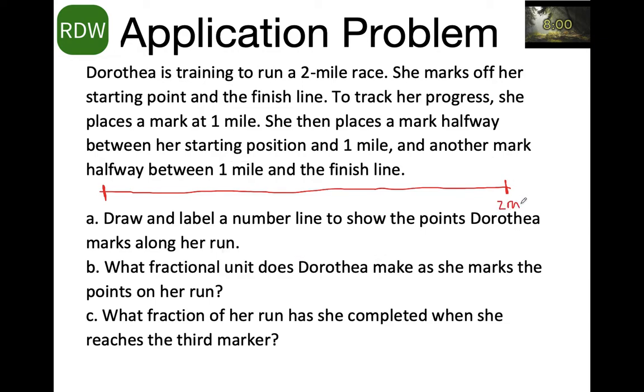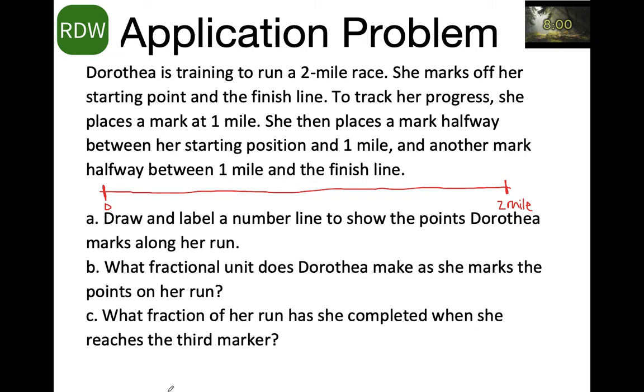For today, I would like you to think of the 2-mile marker not as 2 wholes, but as one whole race. This is one whole race. It's an entire race. We're not looking at this as separate wholes. Normally, we look at 1, 2, 3, 4, 5 as different wholes. This is just one whole race.